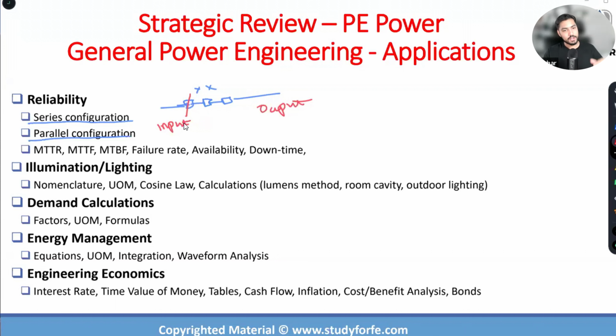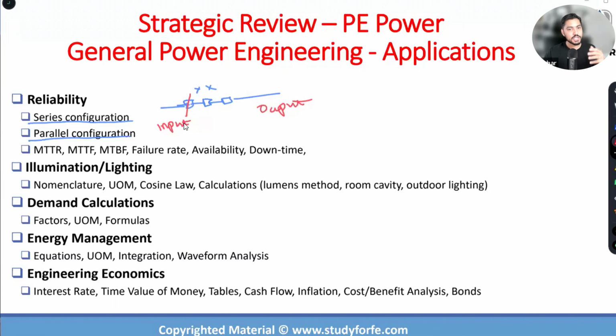But as far as the overall value is concerned, reliability of the overall system arranged in series is always less than the reliability of the smallest component. Does it make sense?